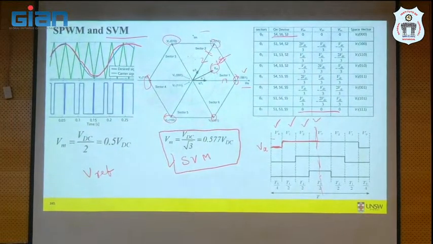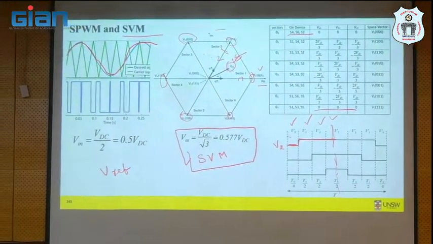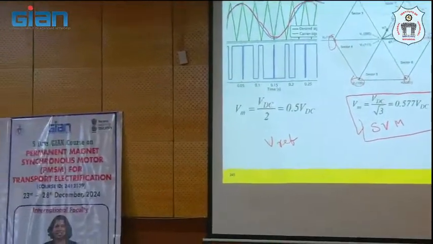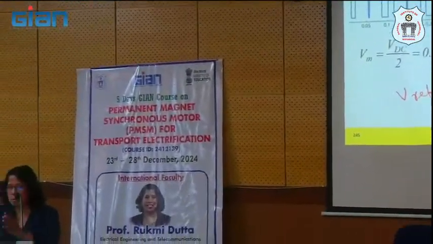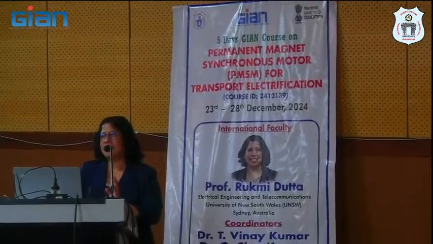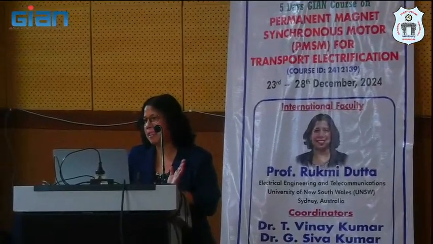This reference voltage must come out from your controller. The controller's main purpose is to produce this reference voltage, and after that it is simply generation of the pulses.